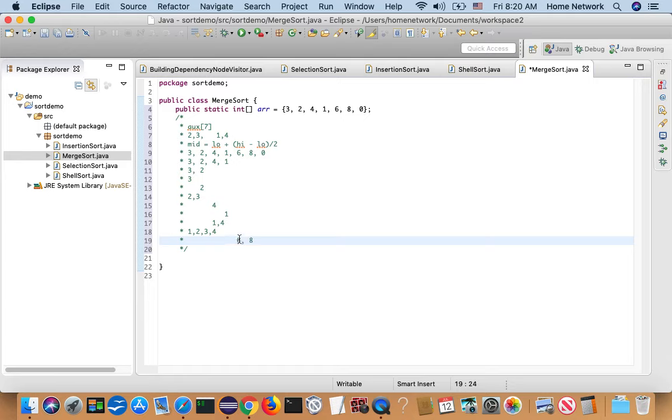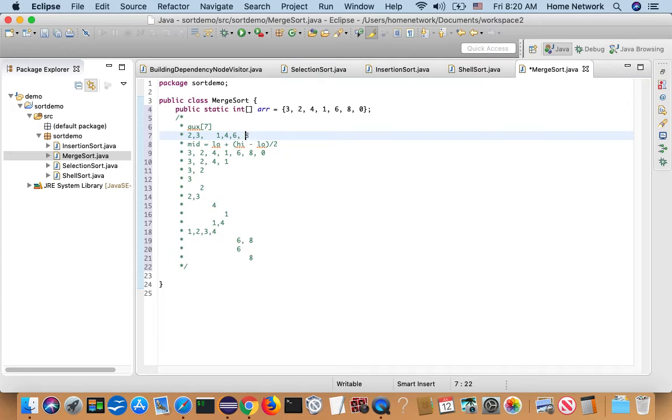And we can further divide the left half and the right half. So 6 cannot be divided anymore, we are done. Now 8 cannot be divided anymore, we are done. Now let's merge. Let's copy 6 to the auxiliary array, index 4, and 8 to the auxiliary array, index 5.